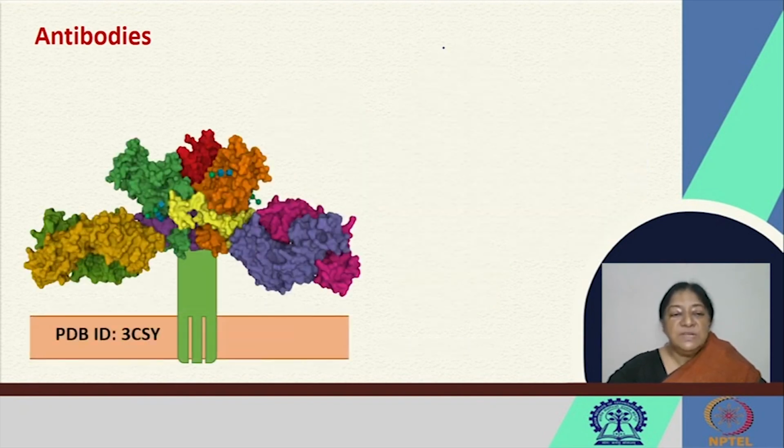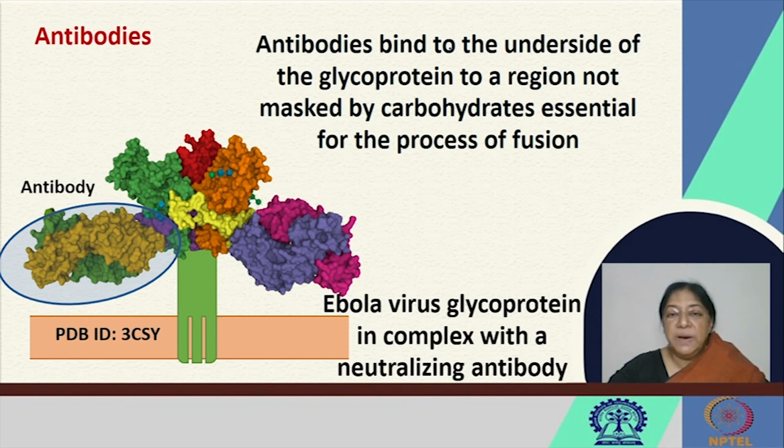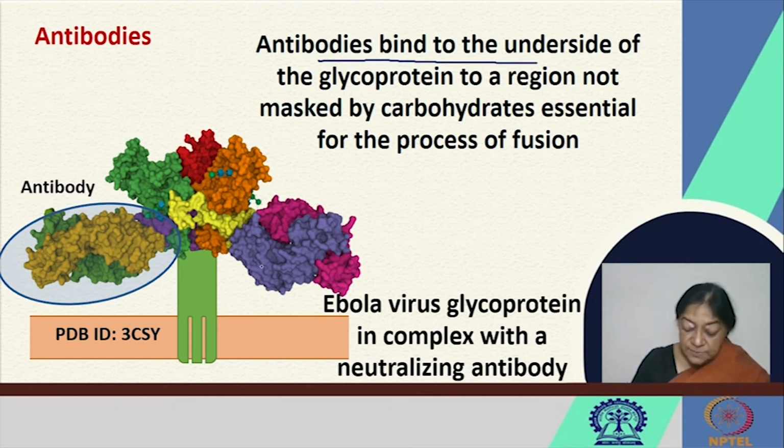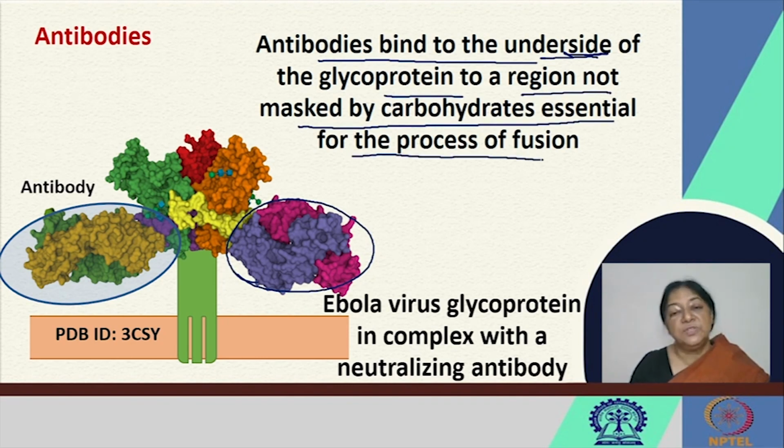If we look at the general design of these, the antibody locations, the Ebola virus glycoprotein is shown here in complex with a neutralizing antibody. The antibodies bind to the underside of the glycoprotein. This is where we see the antibodies. These are the antibodies that bind to the underside of the glycoprotein, to a region that is not masked by the carbohydrates that are essential for the process of fusion.